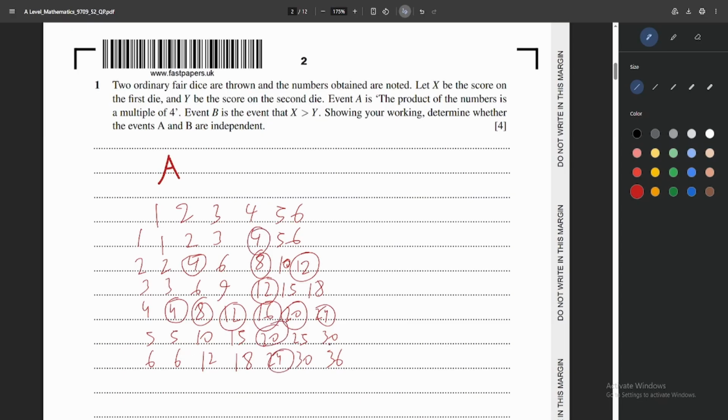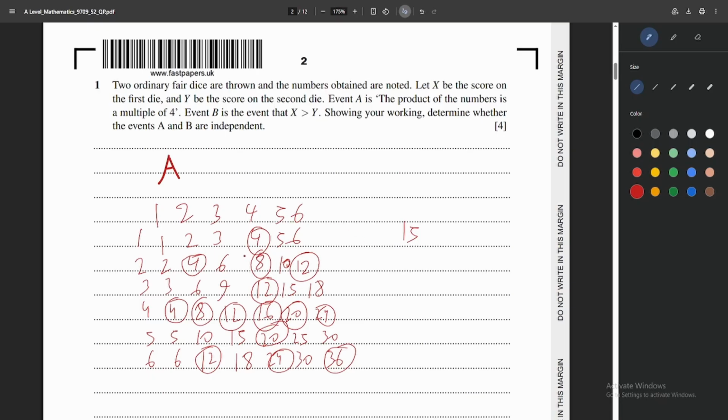And over here we have 12 and 36. So that seems to be it. So multiples of 4, how many do we have? 1 2 3 4 5, 5 plus 6 is 11, 12, 13, 14 and 15. So we have 15 multiples of 4.